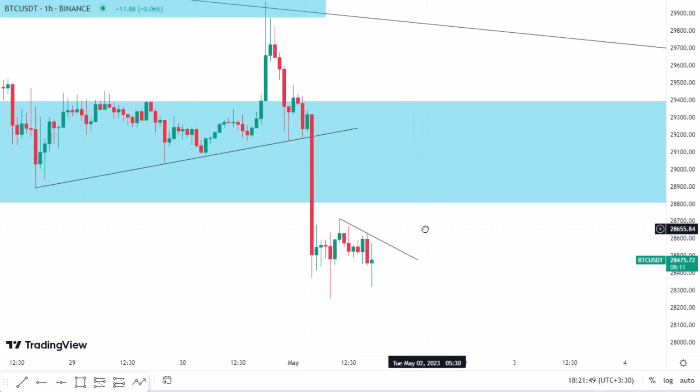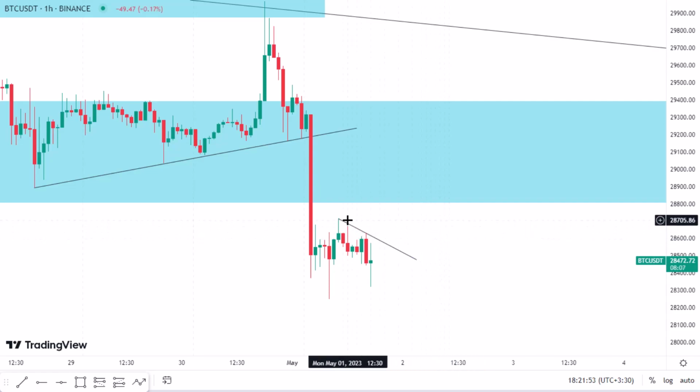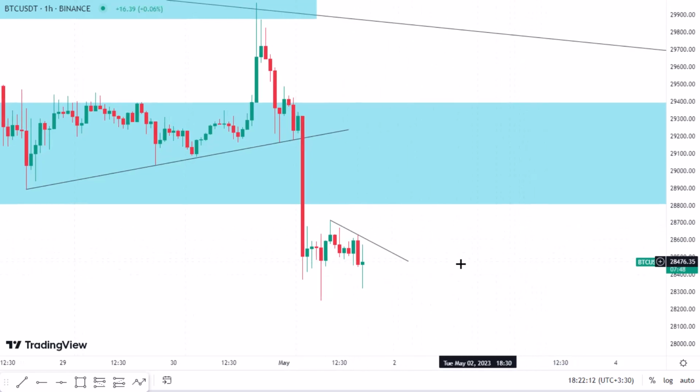I tell you in my old videos and analysis that you can draw the support and resistance levels in bigger time frames like daily, 4 hour and 1 hour, and enter the position in lower time frames like 15 minute, 5 minute and 1 minute. But breakouts are not like that, okay?